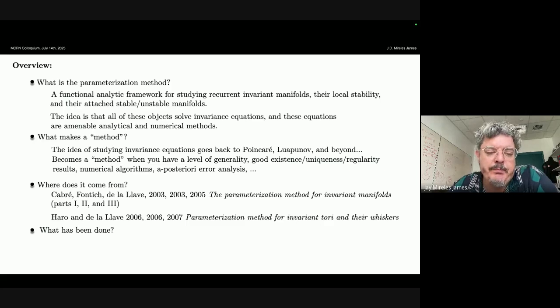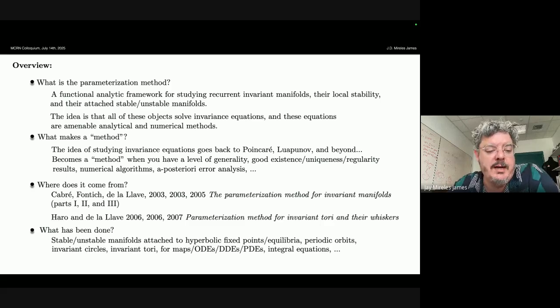Now, since then, this is 20-some years ago, the parameterization method has been expanded to cover many different kinds of problems about invariant sets. So problems for diffeomorphisms, invariant manifolds for ODEs, delay differential equations, all kinds of PDEs, all kinds of integral equations. It has really grown into many different areas in dynamical systems.